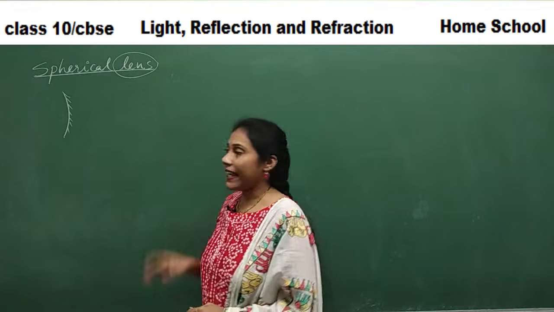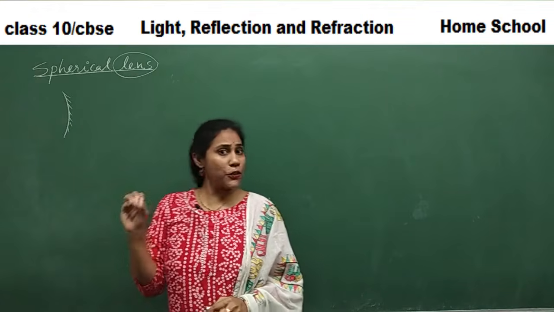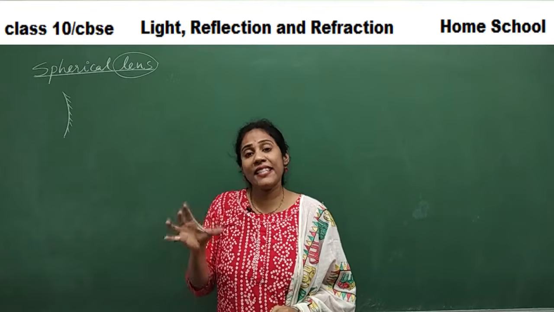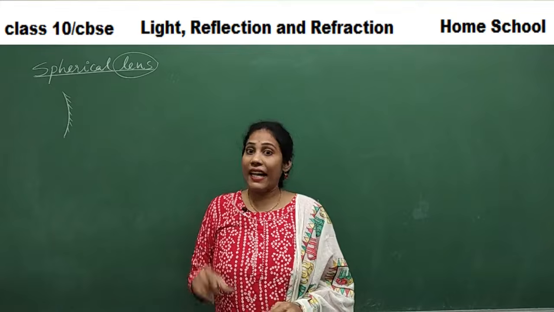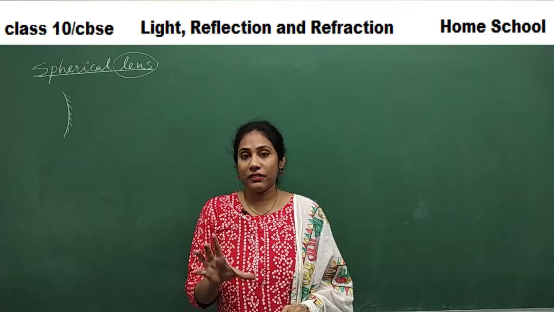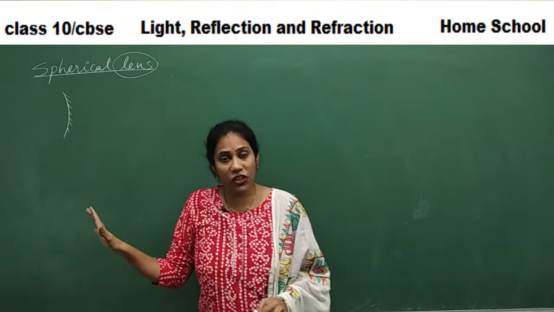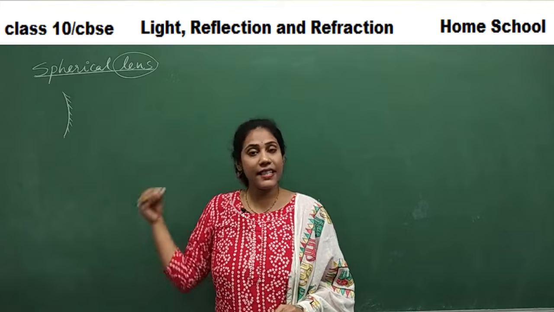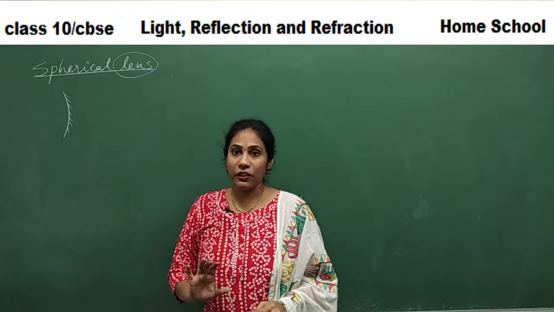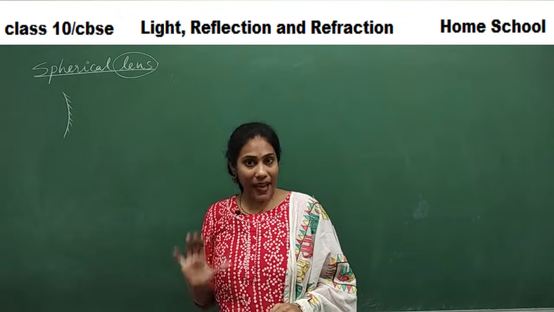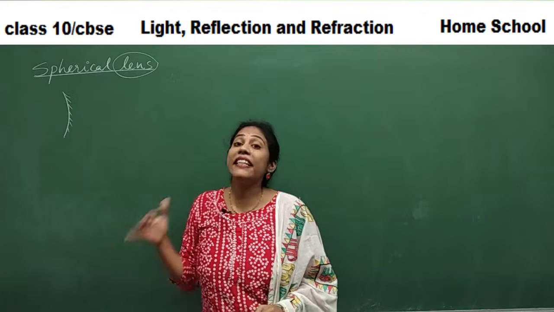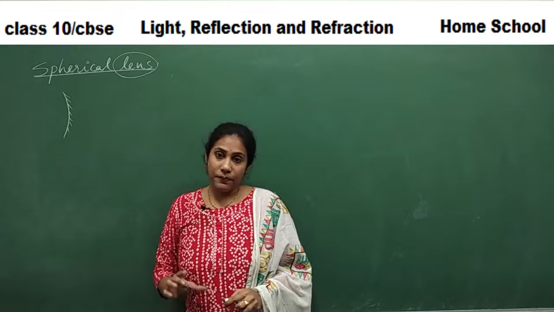Similarly, coming to the lens, it is also made of glass itself, where at least one side is curved. At least one side of a lens is curved. The other side is not polished, it is left free. It has two surfaces, a front one and a back one. Among the front surface and back surface, if at least one surface is curved, then it is called a lens.